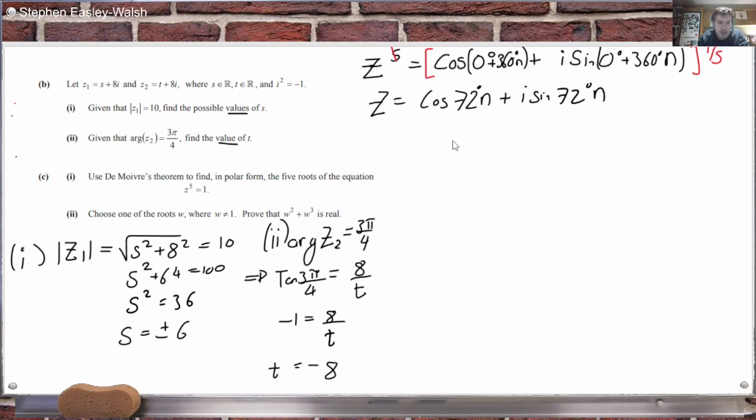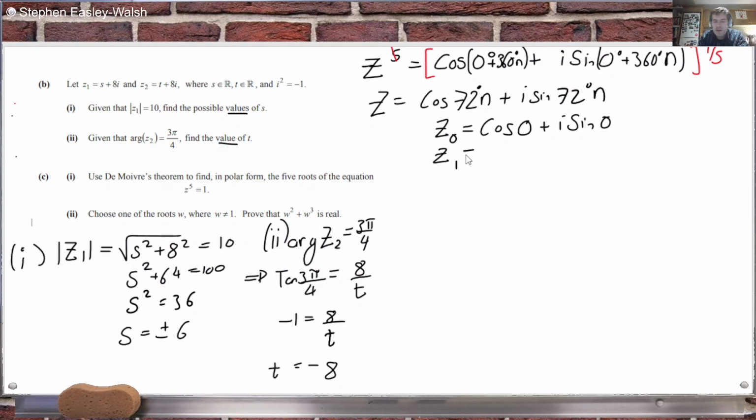Okay, and then we just have to calculate the 5 roots, and in fact we can leave them in polar form. So Z0, n is 0, that would be 1 plus 0. Oh, actually, sorry, leave it in polar form. That would be cos 0 plus i sine 0.